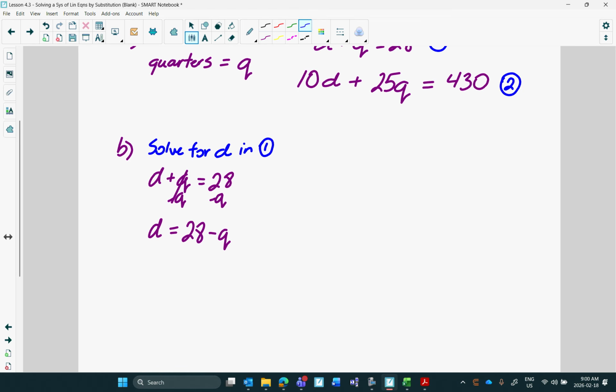What do I do with this now? What do I do with this 28 minus Q? Put it in for D in the other equation, right? So sub 28 minus Q for D in number 2, the other equation.